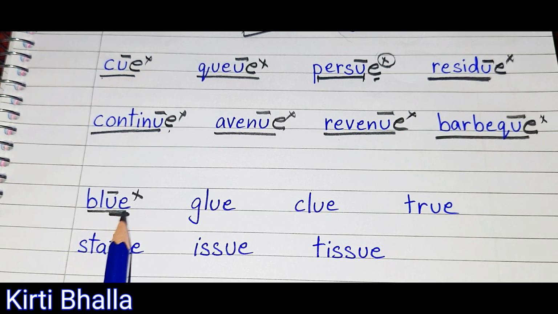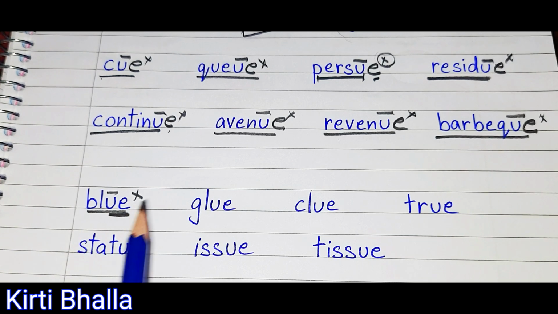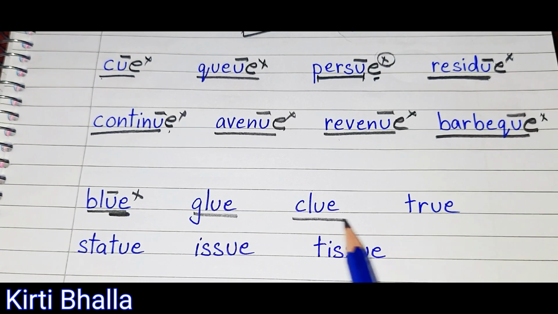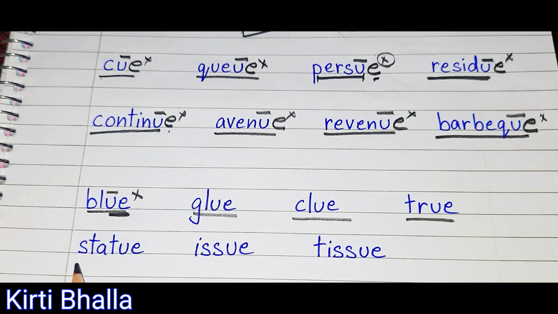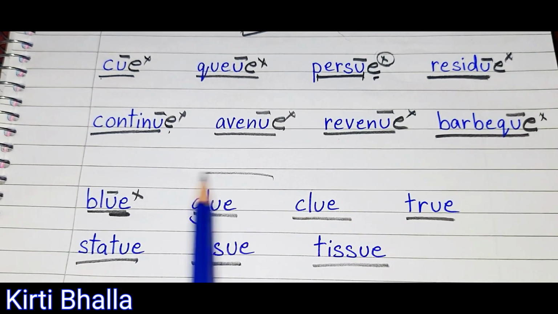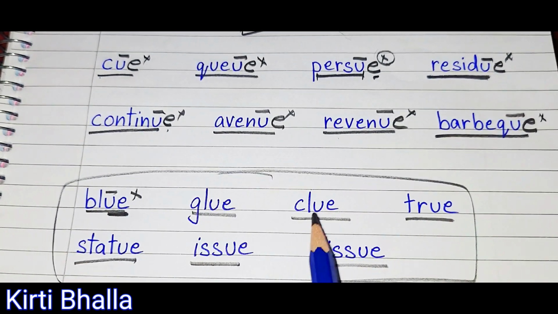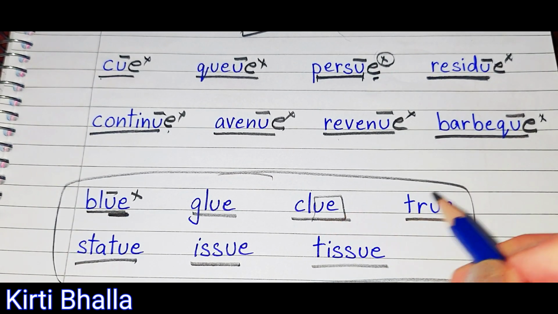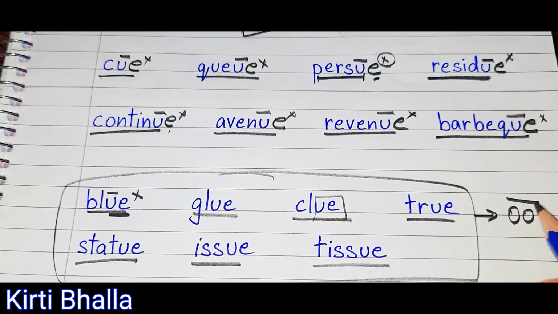This is blue. It is giving you OO sound. Blue, glue, clue, true, statue, issue, tissue. So in all these words we have UE at the end, but this UE is giving you OO sound.